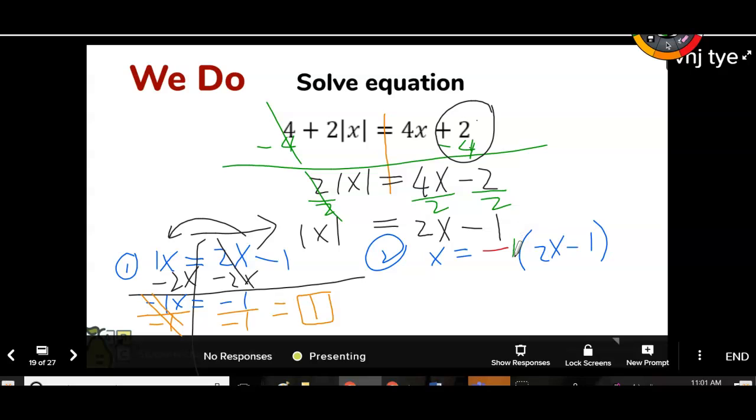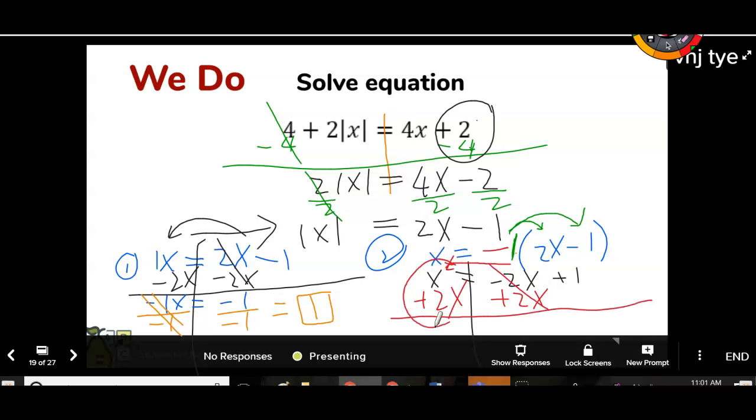Second equation. First, get rid of the parentheses by multiplying negative 1 to everybody inside of the parentheses. So I have x equals negative 1 times 2 is negative 2x. Negative 1 times negative 1 is positive 1. And solve this equation. First, move negative 2x to the other side by plus 2x. Do the same on the other side.